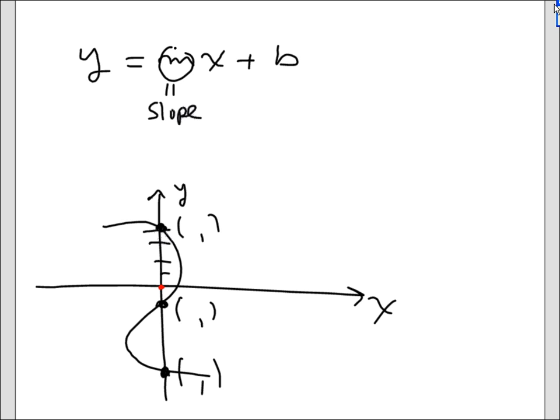When it comes to the x-axis, I didn't number it. It could be this is 1 billion, 2 billion, 3 billion. We don't know. Or maybe that's 1 and that's 2 and that's 3. You have no idea what the scale is. But you do know that right at the origin, when it comes to the x-axis, 0 is right there.